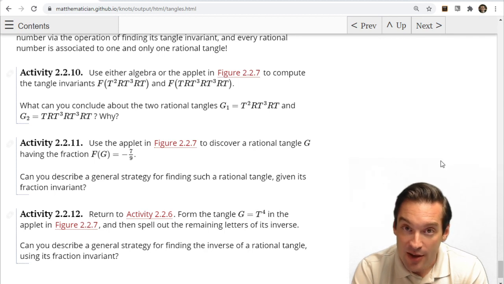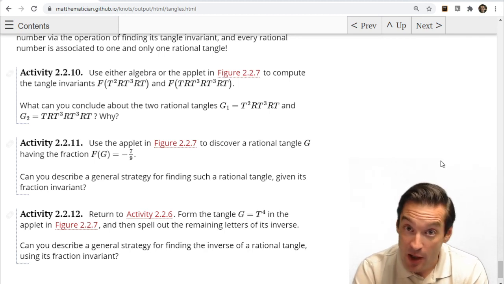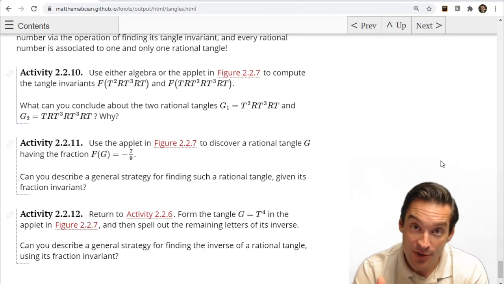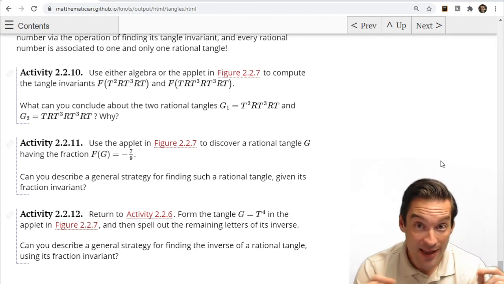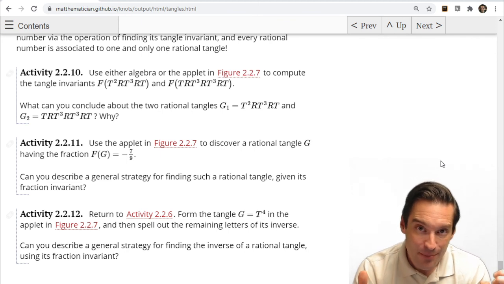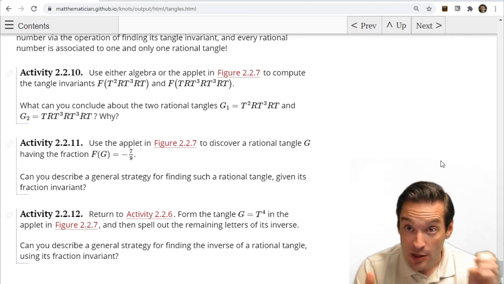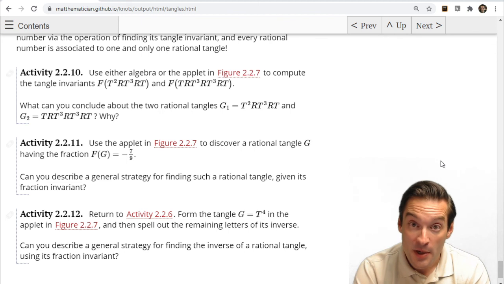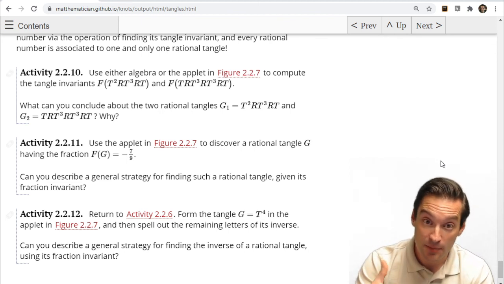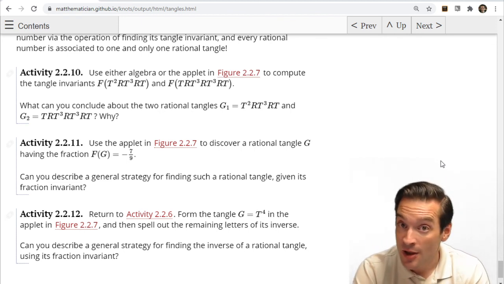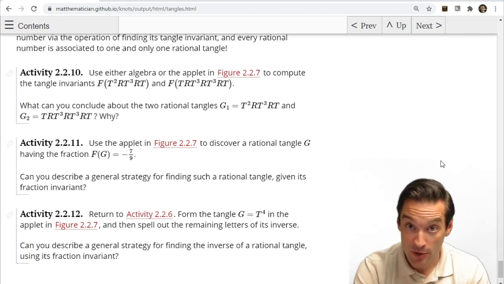So when something can tell the difference and tell sameness, we call that a complete invariant. And rational tangles have these rational numbers, their fractions, as a complete invariant. That's why rational tangles are awesome. But with knots, we're not so lucky. In order to build a complete invariant for knots, we need a much more sophisticated, much higher firepower algebraic structure. That is going to be our goal that we're working towards for the next 2 weeks.